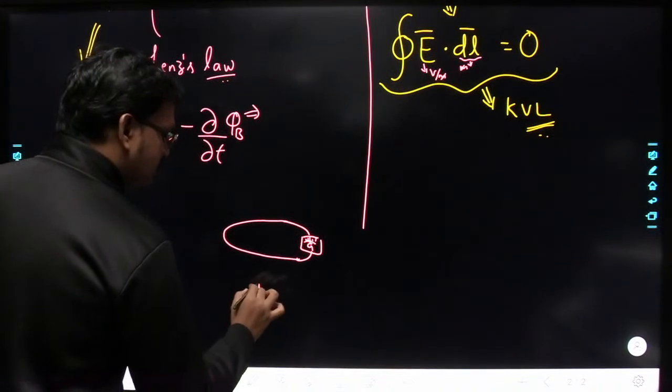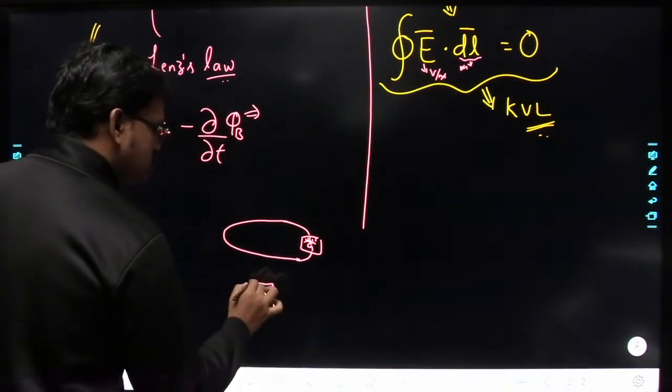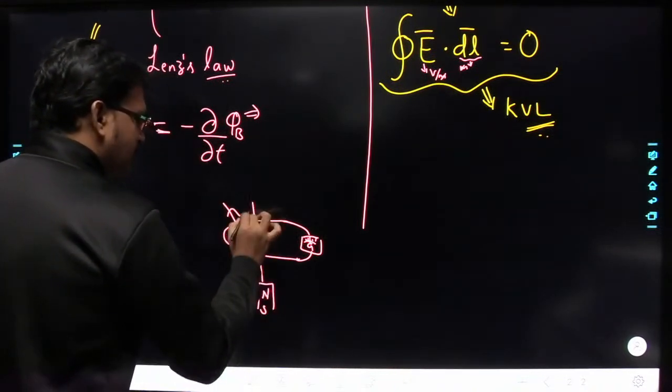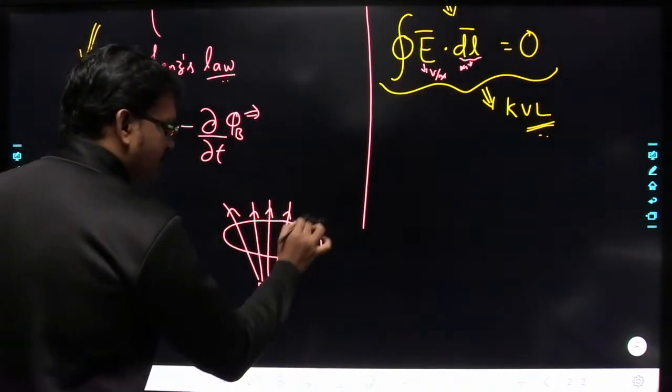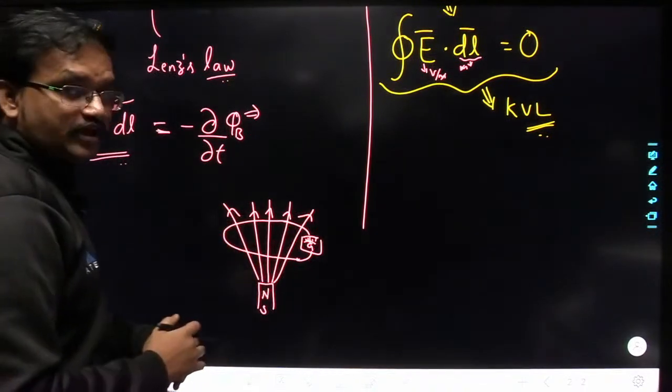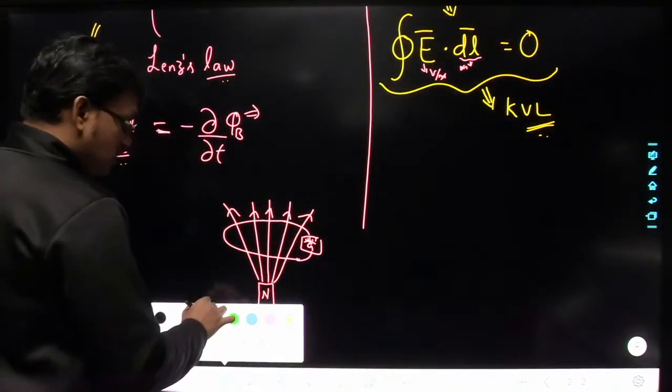If you have a magnet here, with a north pole and a south pole, the number of magnetic field lines that are penetrating through this loop, we call magnetic flux.